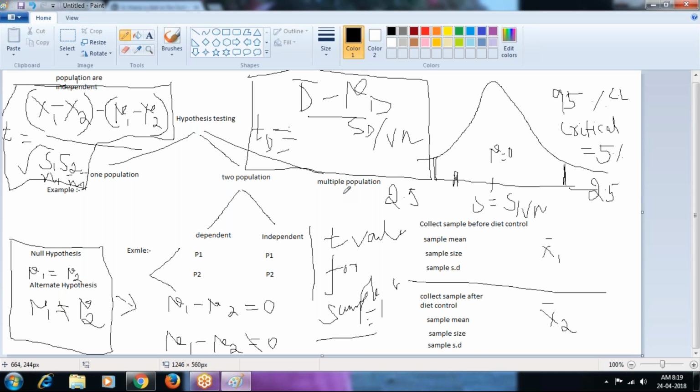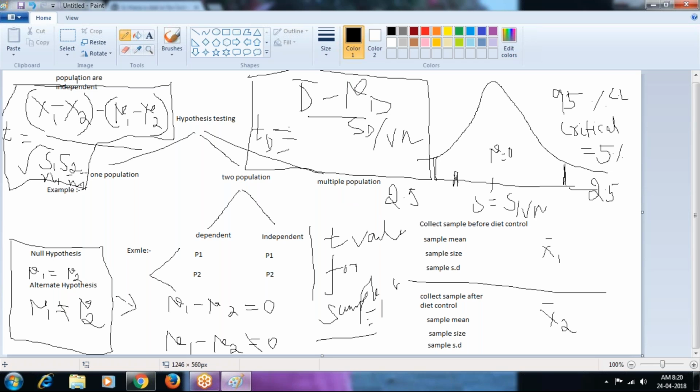Then they proceed to the next level of investigation. Just like hypothesis testing with one mean, we also have hypothesis testing for two means. This is for the dependent population. There are other hypothesis tests done on independent populations.